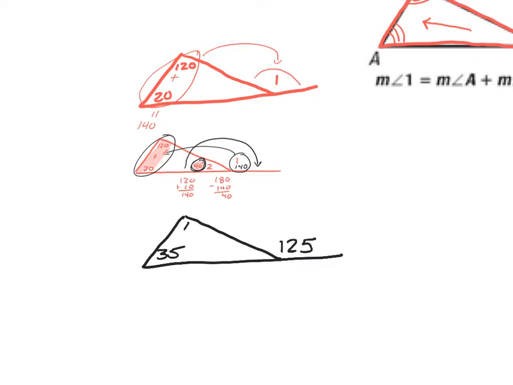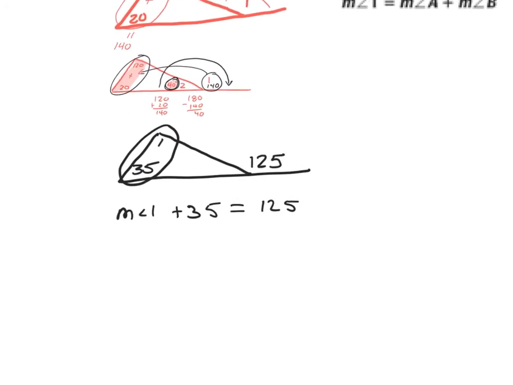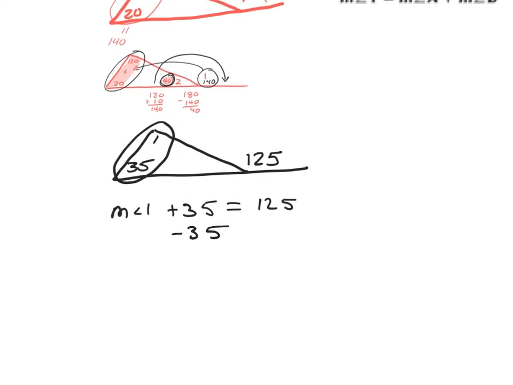You do 125 minus 35. Okay, so we get 125. Let me just show this another way. You're not wrong. So here we go. We know that these 2 angles, when added together, so the measure of angle 1 plus 35 is equal to 125. And what she's saying is subtract 35 from 125. Which leaves me with what? How much? I think you're right. I just couldn't hear you.